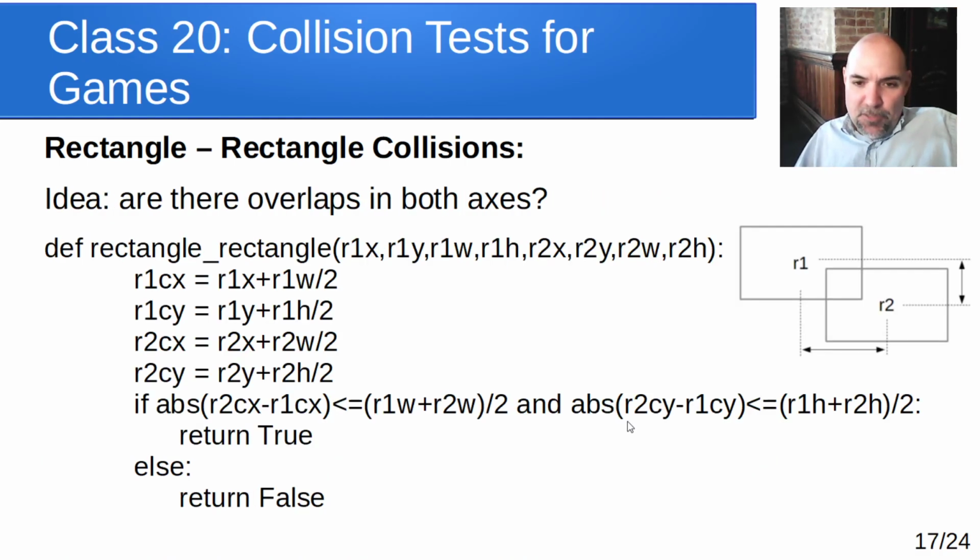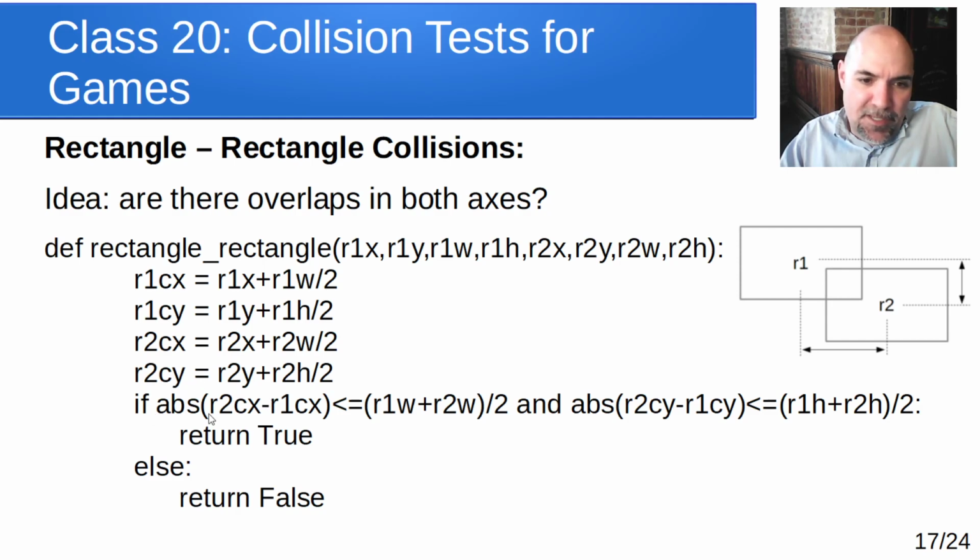So the code is actually relatively simple. Basically, I calculate the center point for both X and Y for rectangle 1, and I calculate the center point for both X and Y for rectangle 2.